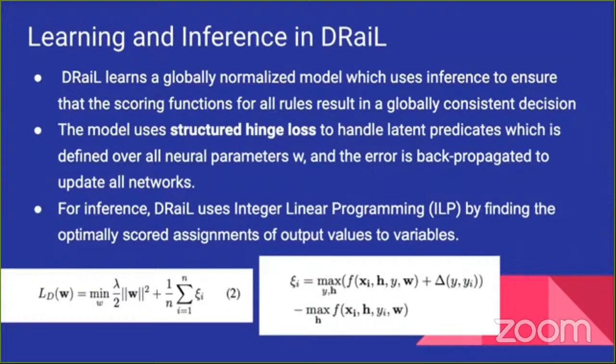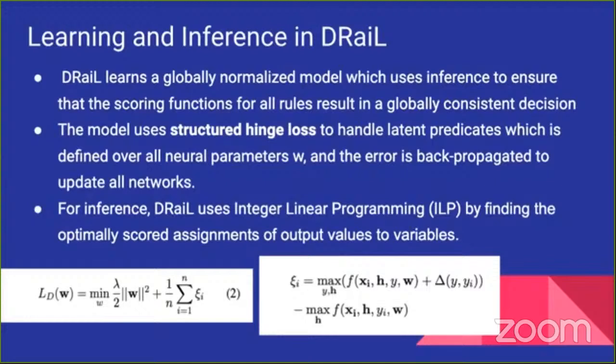The model uses structured hinge loss as shown on the left, which is used to handle latent predicates, defined over all the neural parameters W, and the error is backpropagated to update all the networks. Here, epsilon is a slack variable capturing the margin violation penalty for each training example xi, having a gold label yi, and h on the right side refers to all the activations for discourse behaviors.